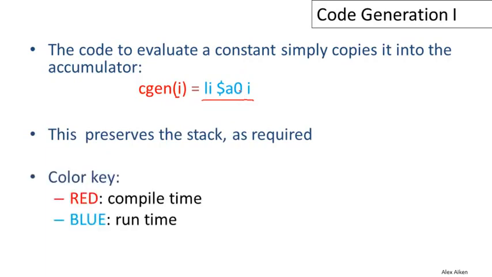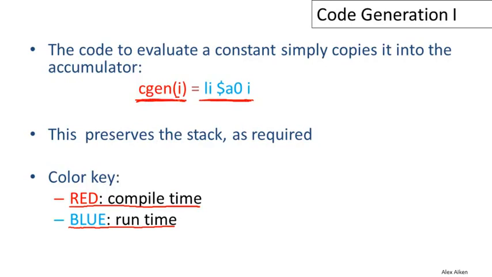And another thing I want to emphasize here is I'm going to be following a convention that things that are in red are things that are done at compile time, and things that are in blue are things that are going to be done at runtime. So in this case, at compile time, we execute the function cgen of I, and that produces code that will run at runtime.